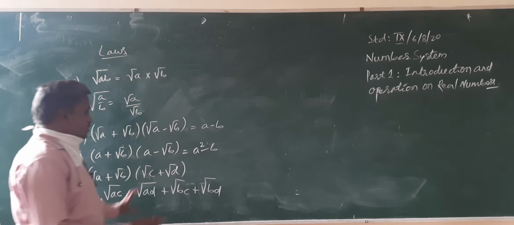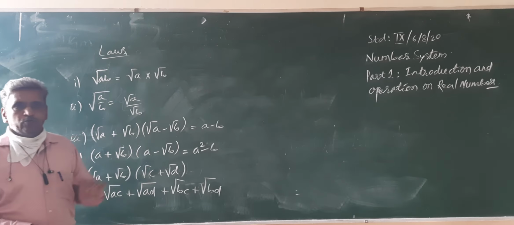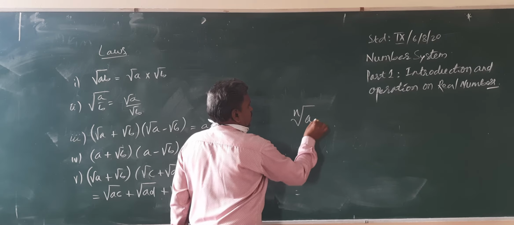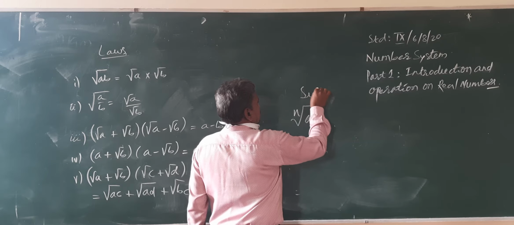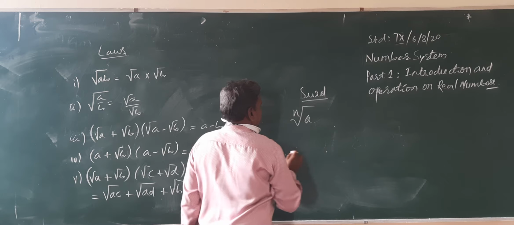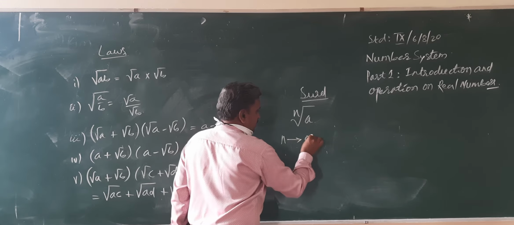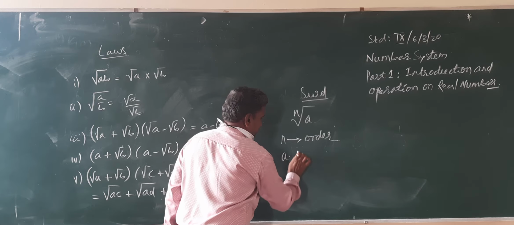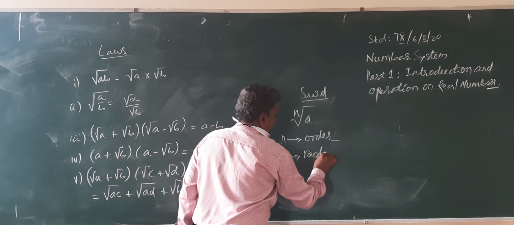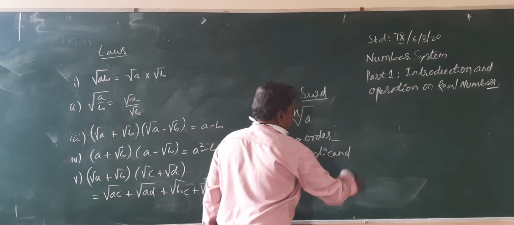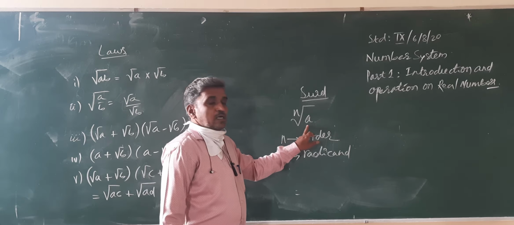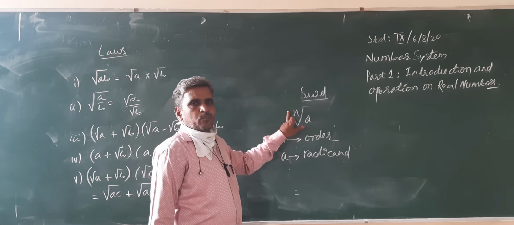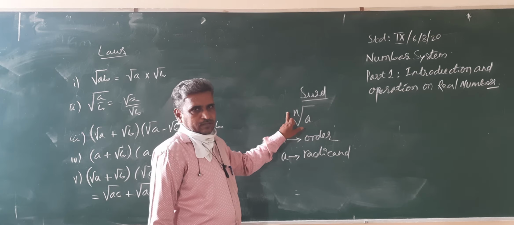Just again some clarification I want to do here. The nth root of a is called a surd or radical. n is said to be the order and a is said to be the radicand, a non-perfect square number. n is a positive integer, that is, n is the order.